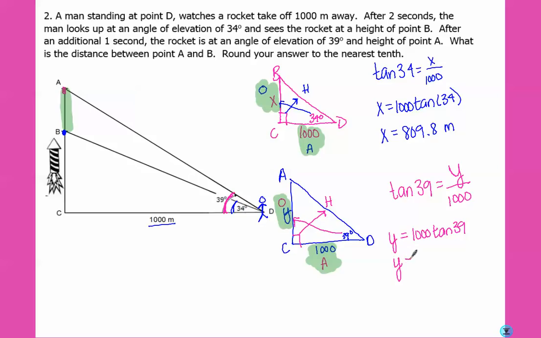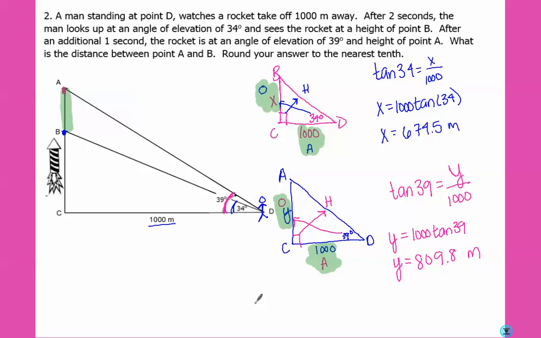When you put that in your calculator, we get that y, oops, sorry, I switched my numbers. Y is the one that's 809.8, and x should be 674.5 meters.